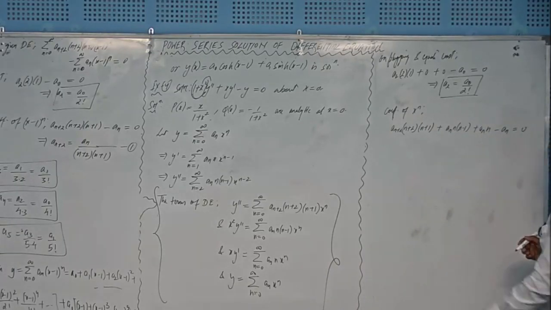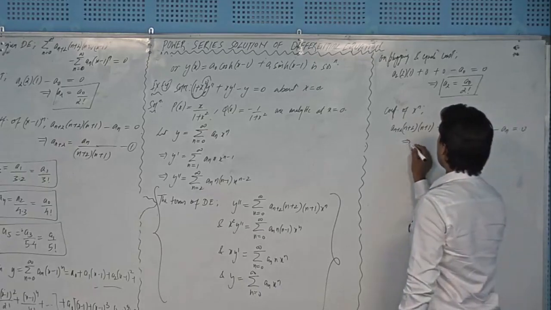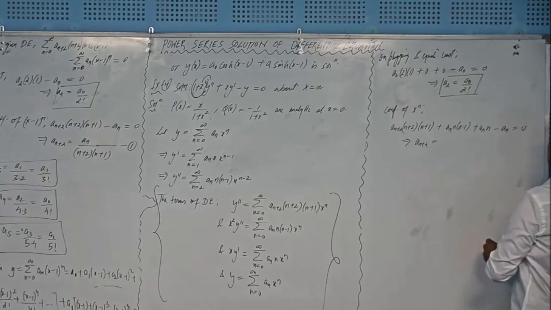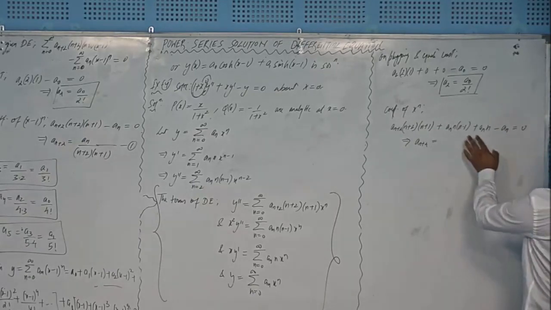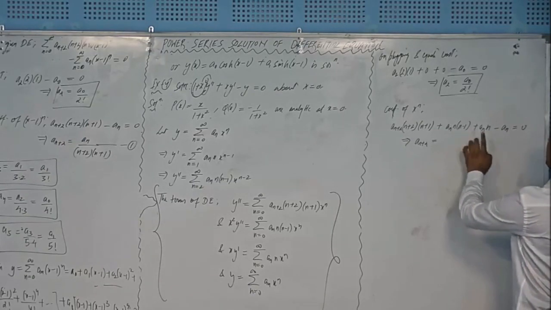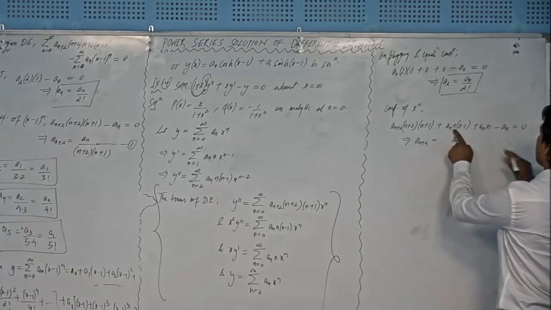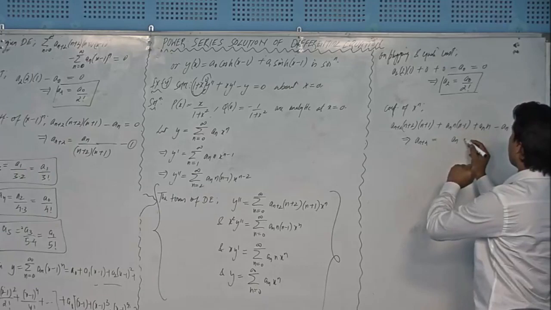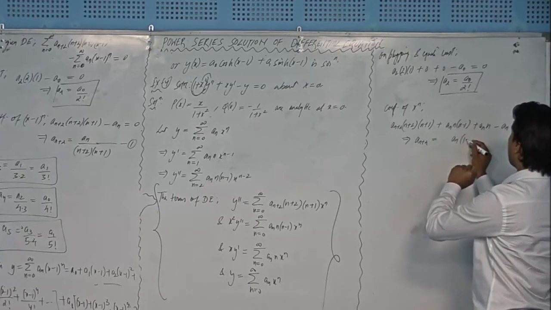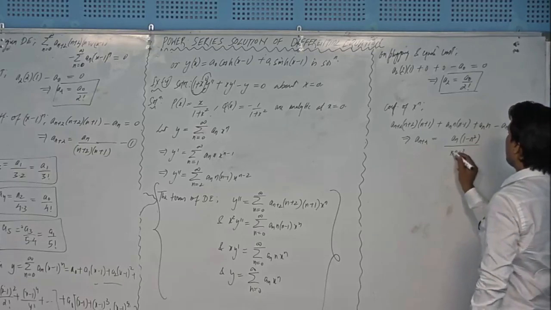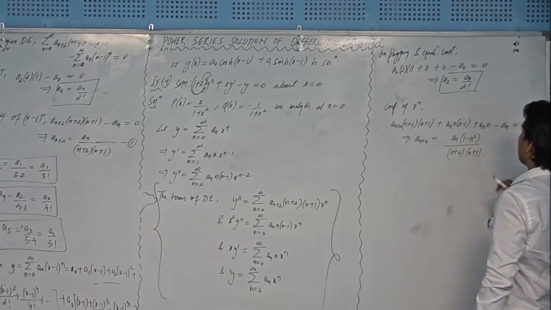And I should obtain the coefficient with higher subscript in terms of the coefficient with lower subscript, and I think that will cancel. a n and minus a n will cancel, and this term will be cancelled, so a n plus 2 is a n times 1 minus n square, right, over n plus 2 and n plus 1, if I am not wrong.